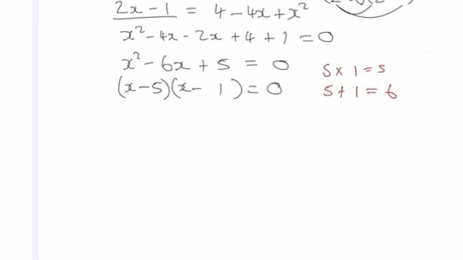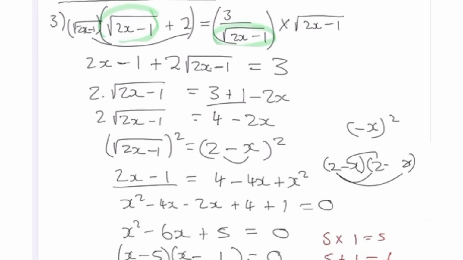And when you are here, you just say, okay, for this to be true, our x minus 5 should be 0, or our x minus 1 should be 0. And so x will be positive 5 or x will be positive 1. But remember, we are not done. We must go back and test it.